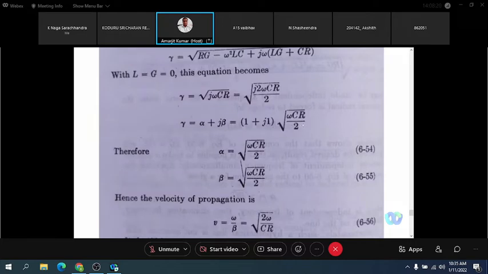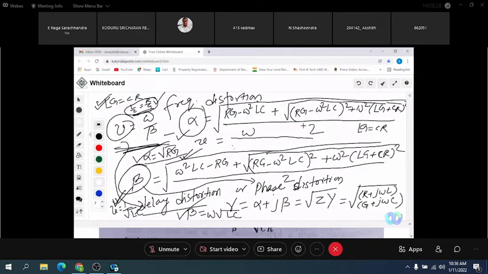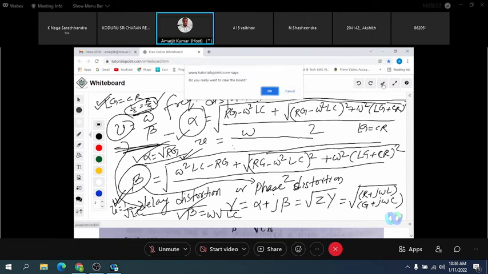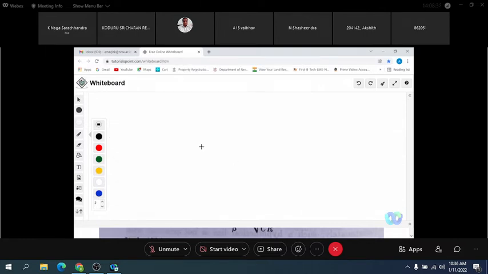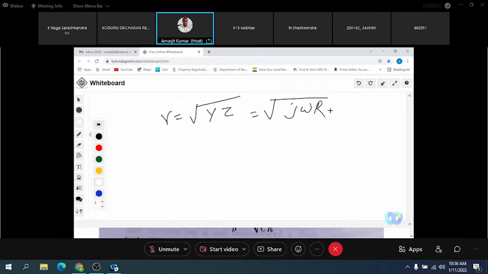What will be alpha and beta? For the ordinary telephone cable, gamma is equal to root of YZ, which is j omega RC, equal to alpha plus j beta.